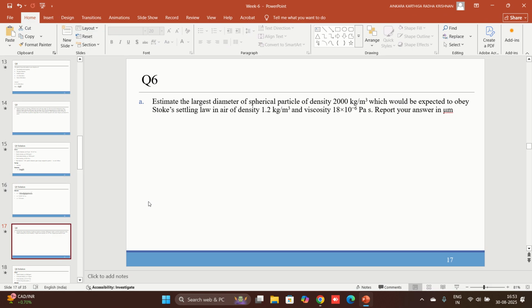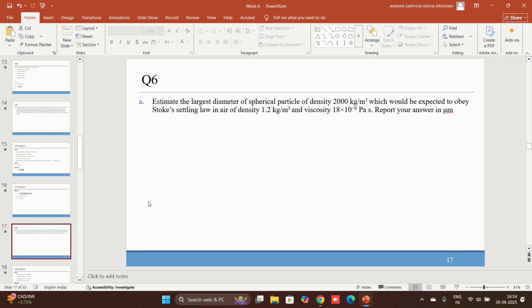So whenever you are finding out the answer, just make sure you give your answer in the desired units which is asked in the question, because it is not a multiple choice questions for all the problems. Some are where you need to give your own answer. So in those cases, you have to make sure your answer is in the proper unit. Otherwise, you might lose marks. So just identify the question and give the proper response.